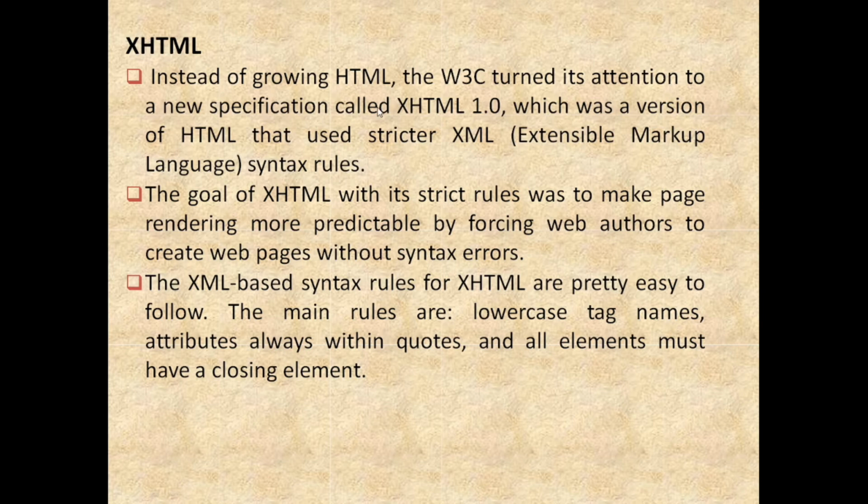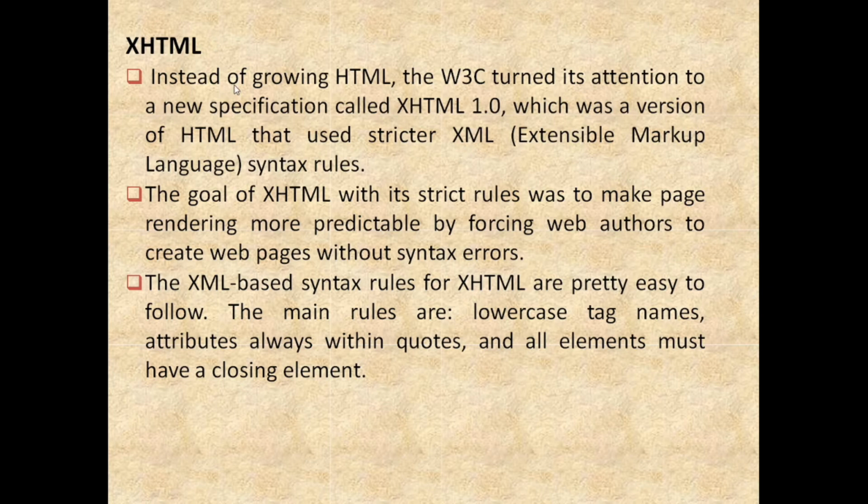That means when HTML was growing, instead of focusing on HTML, the W3C turned its attention to one more markup language called XHTML 1.0. This XHTML 1.0 made use of the syntax of another markup language called XML, so it is a combination of XML and HTML.